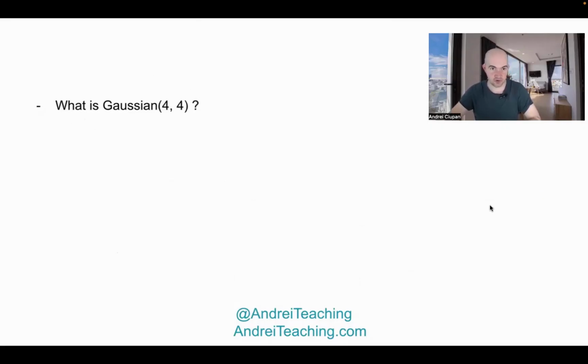Now, what's a Gaussian 4, 4? Just as a reminder, these were the 3 random variables that we worked with. The first one was a Poisson with lambda equals 2. The second one was a Gaussian with mean 2 and variance 2. And the third one was a Gaussian with mean 4 and variance 4. And basically, we're comparing the median of the third one with the median of combining the first and the second one. So what's a Gaussian 4, 4? It's very similar to a Gaussian 2, 2.